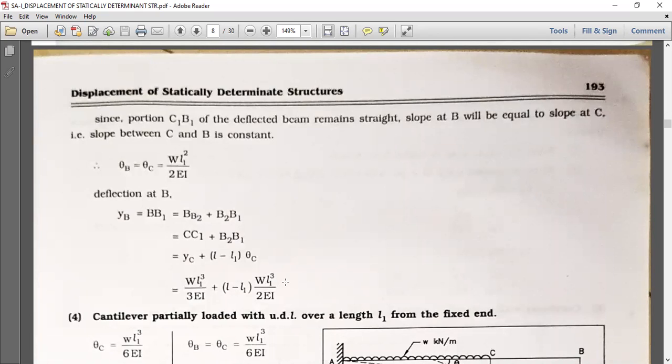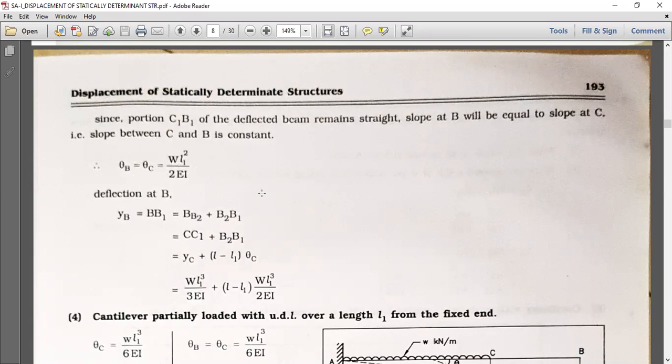Since portion C1B1 of the deflected beam remains straight, slope at B will be equal to slope at C. So slope between C and B is constant. Theta B is equal to theta C is equal to W L1 square divided by 2 EI.